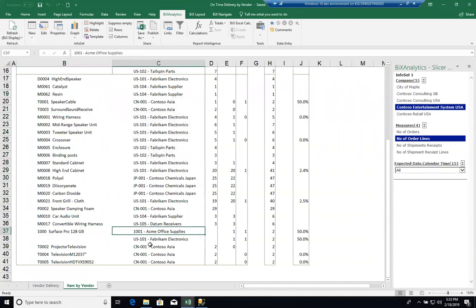So I can see I bought a Surface Pro 128 from Acme Office Supplies, and I also bought that same item from Fabricam Electronics. In both cases, they both happen to be late. But if one of them was the star and the other one was the dog, then it would help me to identify which vendor I should place the primary orders with, and perhaps I'll use the other one as a backup. So again, just kind of an idea of how to start to use this information.